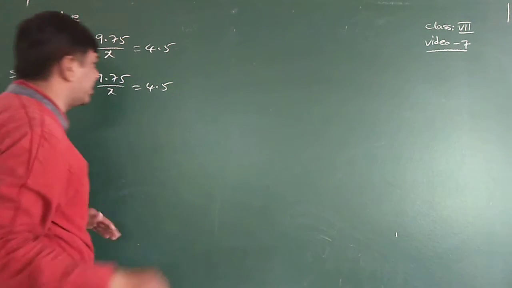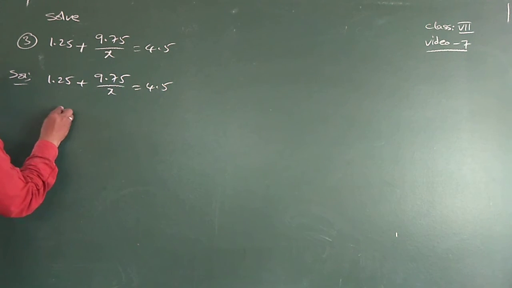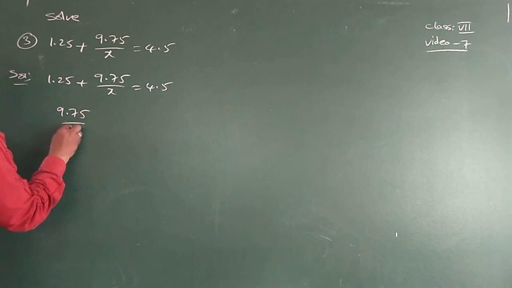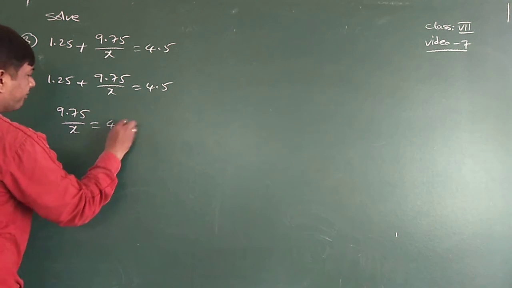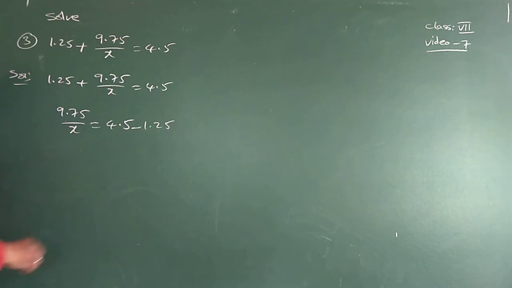I will transpose all the constants to one side. So 9.75 by x stays as it is, and 4.5 plus 1.25 transposes to 4.5 minus 1.25.